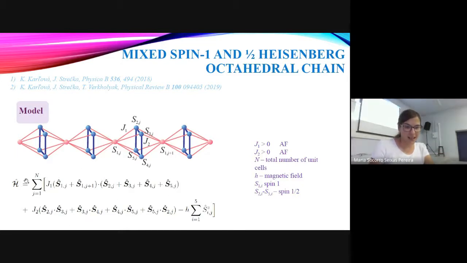N in the Hamiltonian is the total number of unit cells, H is the magnetic field, and N involves 5 spins. So one elementary unit has 5 spins.